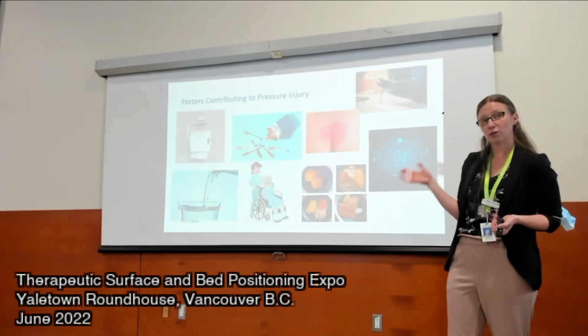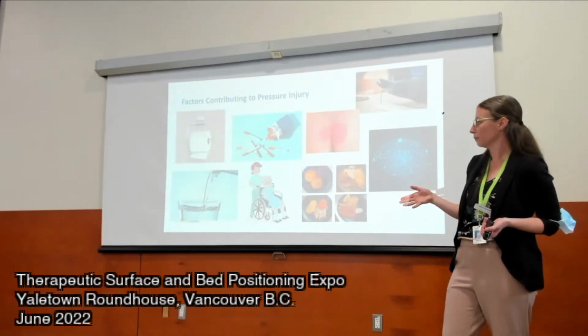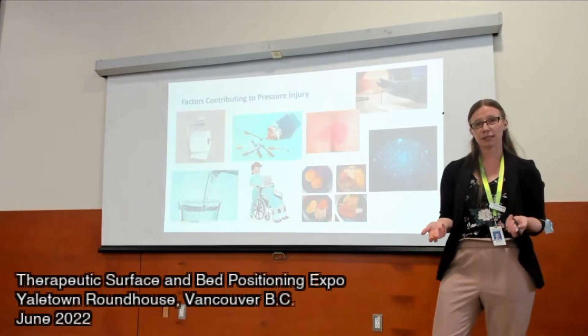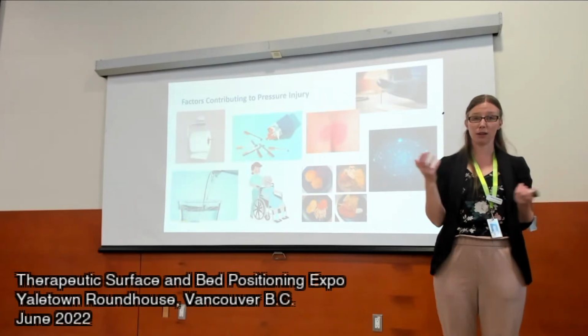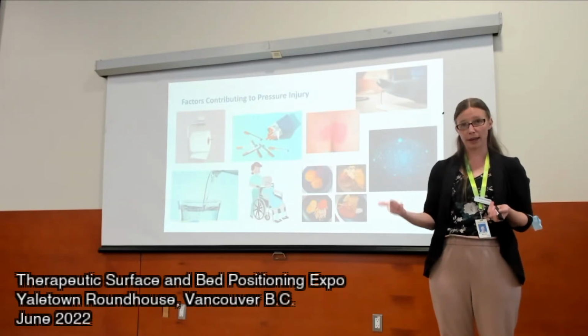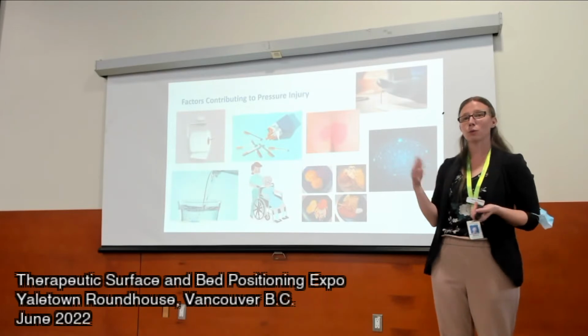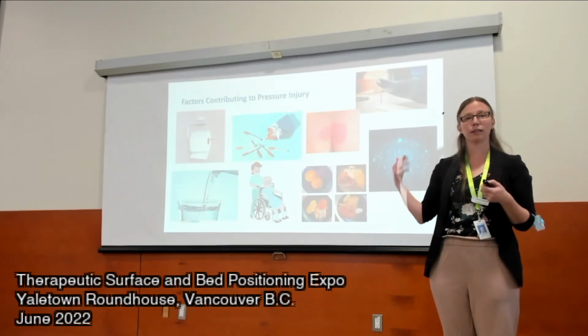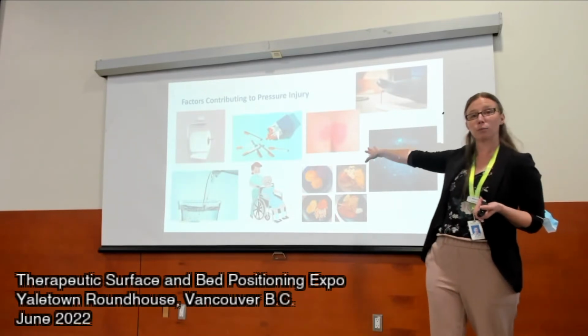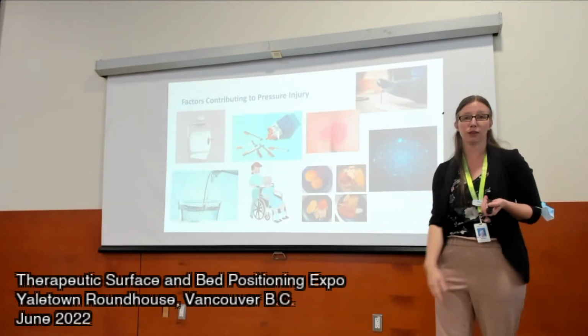There's some other things that are not included in the Braden. So we've got cognition is one. So a lot of our residents, even if they're able to reposition, they don't remember when or how. So we want to make sure that we're helping and supporting them there. Having a previous pressure injury is another risk.